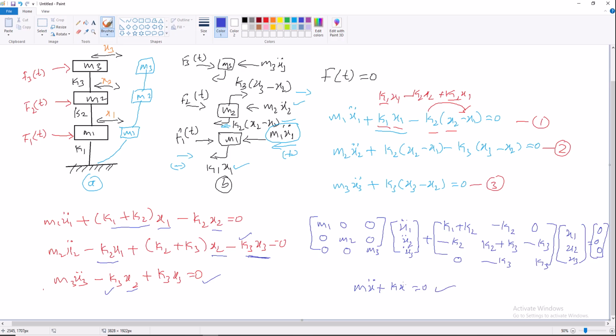This is what you can refer to as the equation of motion for a 3-story building with mass lumped at each floor and stiffness k1, k2, k3, and forces F1, F2, F3, which is considered to be free vibration. In this way we can represent the equation of motion for a system. Thank you.